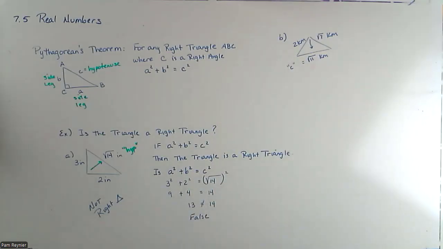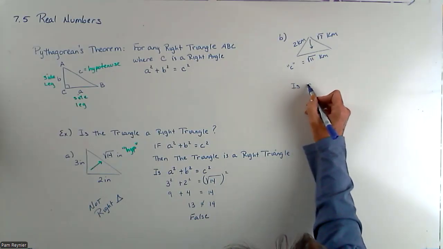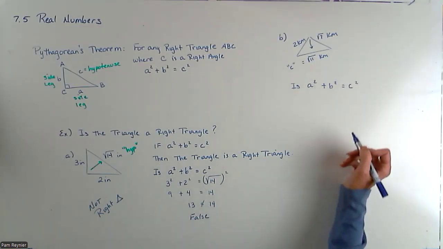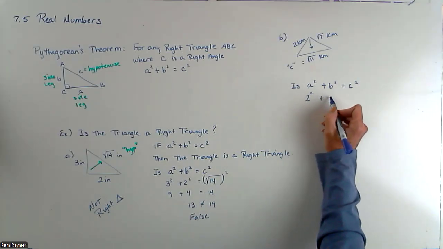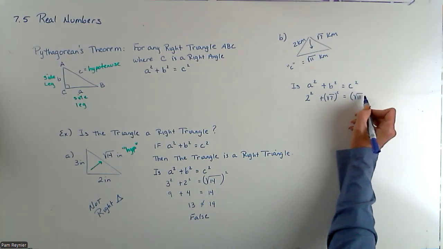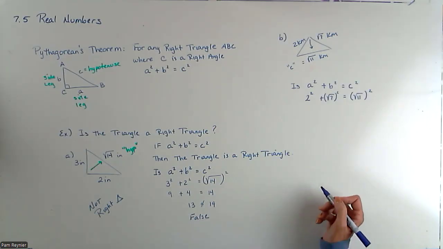So we're going to check. Is a squared plus b squared equal to c squared? Is 2 squared plus root 7 squared equal to root 11 squared? 2 squared is 4.